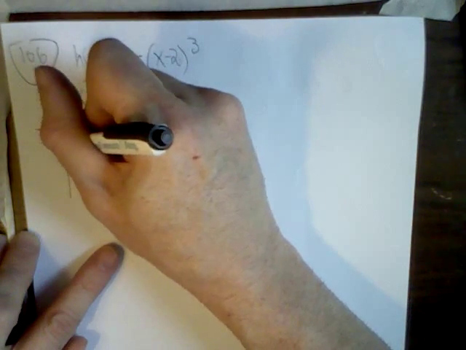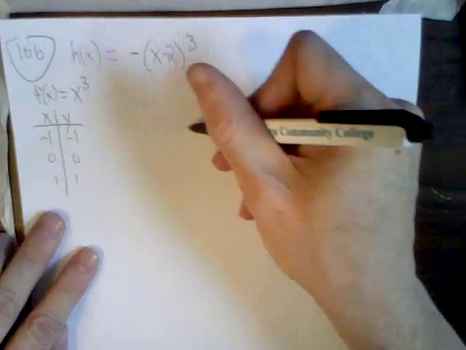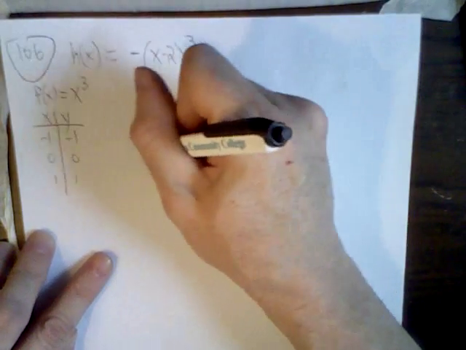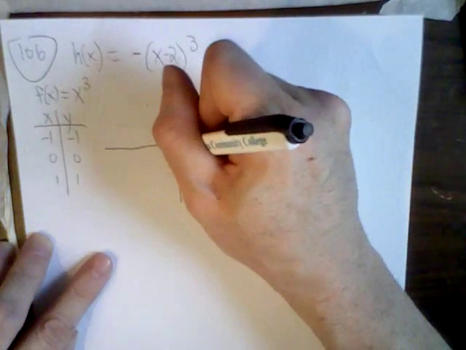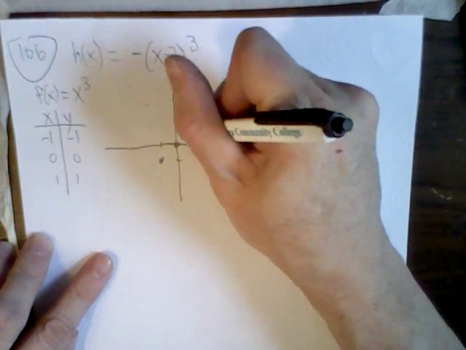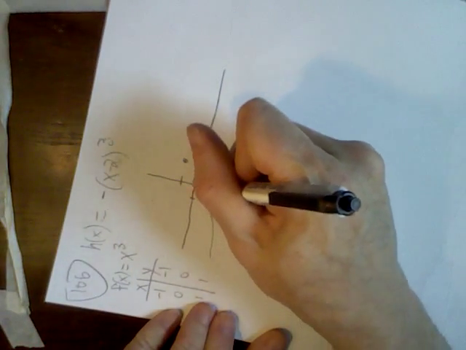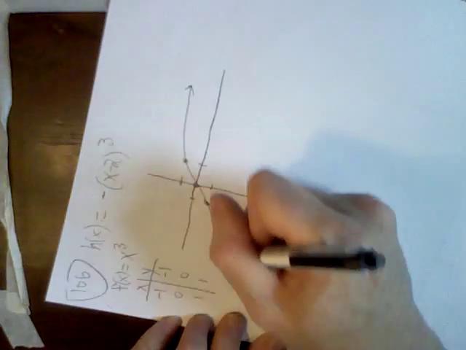Negative 1, negative 1, 0, 0, 1, 1. And it looks like this originally.